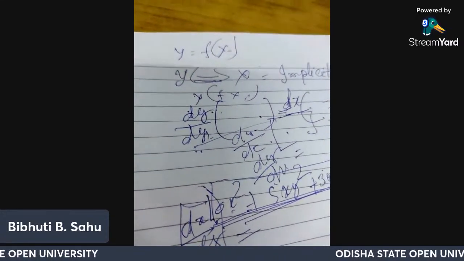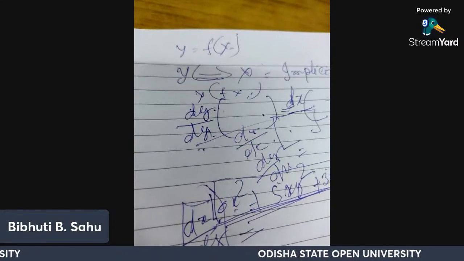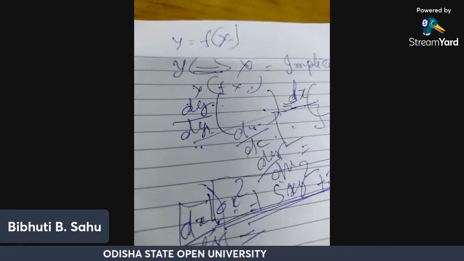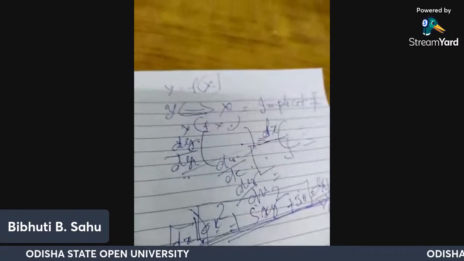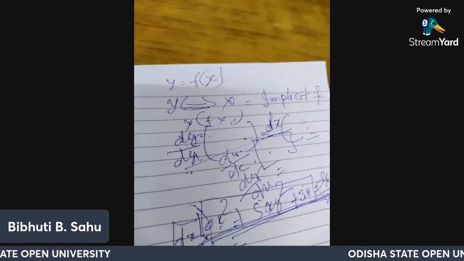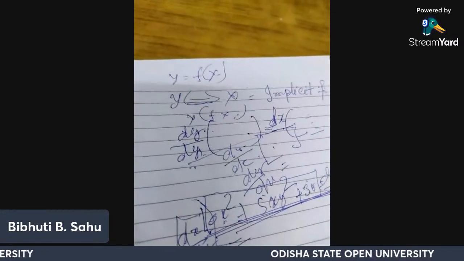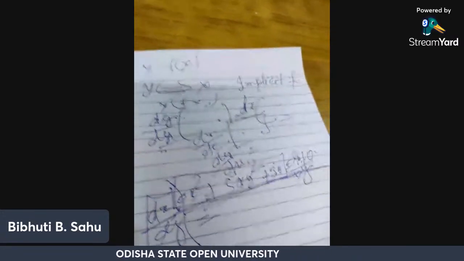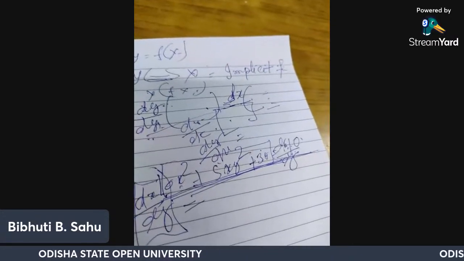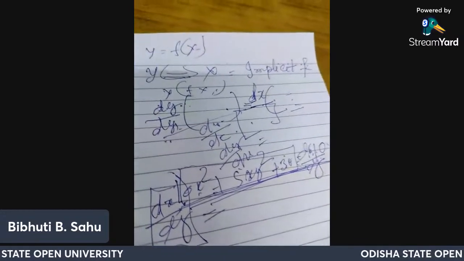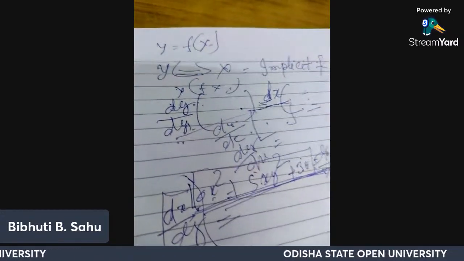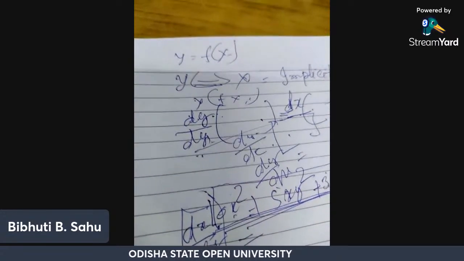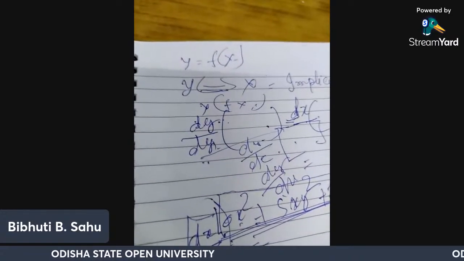So I think I have covered the 3 units in that block 1, and within this paucity of time, within this limited time, I have tried my best to touch all the points. However, how far it is acceptable and you have accepted, that is the point, you know.